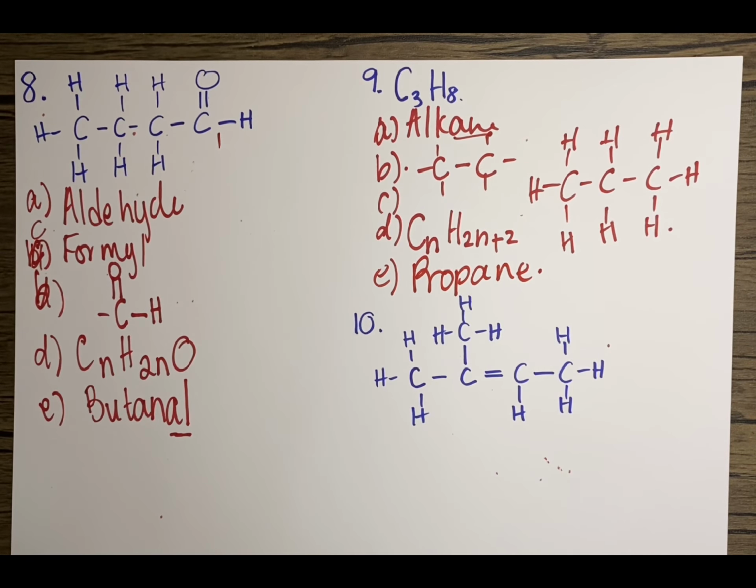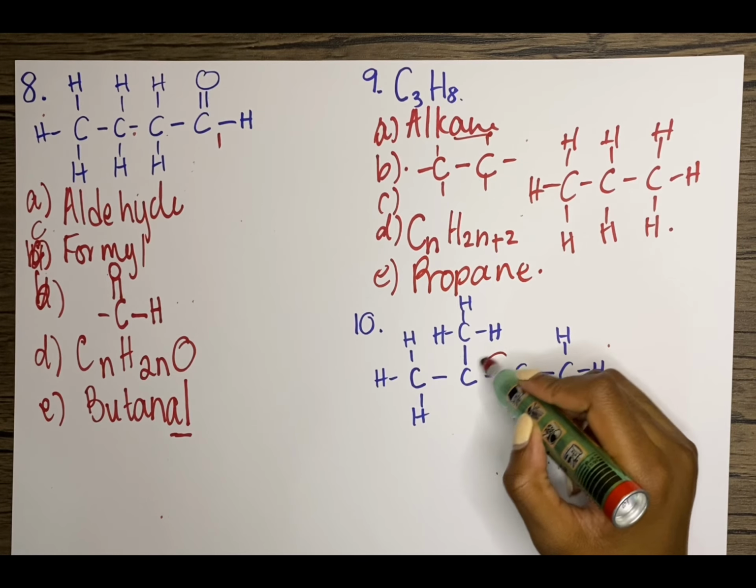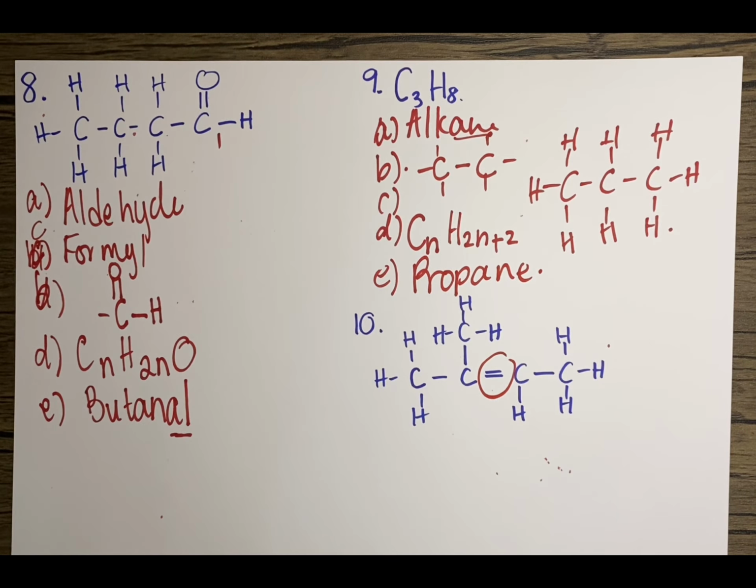for number 9, right? And then looking at the last one, you'll see that the functional group is the same as the one that we did in number 4. It's an alkene. So I'm just going to get straight into the naming because I've already done the functional groups and the general formula, right?